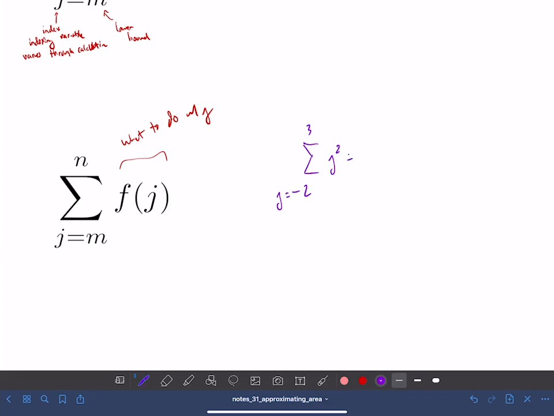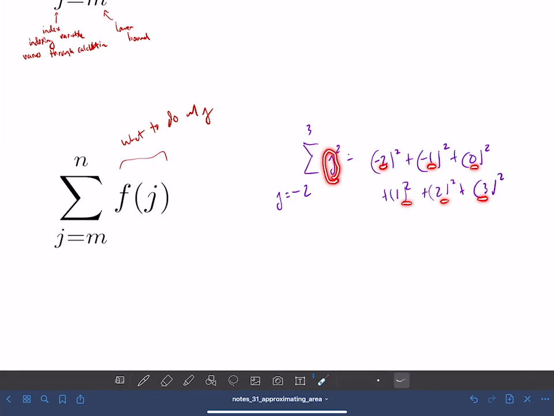All right, so this is going to be equal to -2 squared plus -1 squared plus 0 squared plus 1 squared plus 2 squared plus 3 squared, right? I've got my j's here. This is where my j is, right? It's inside of the thing I'm squaring, and it's ranging from -2 to 3. And we're doing it stepping by integers. There are ways to write sums so that I don't step by integers, but step by other values, fine. But it's a really compact way of writing a large number of summands all at once.